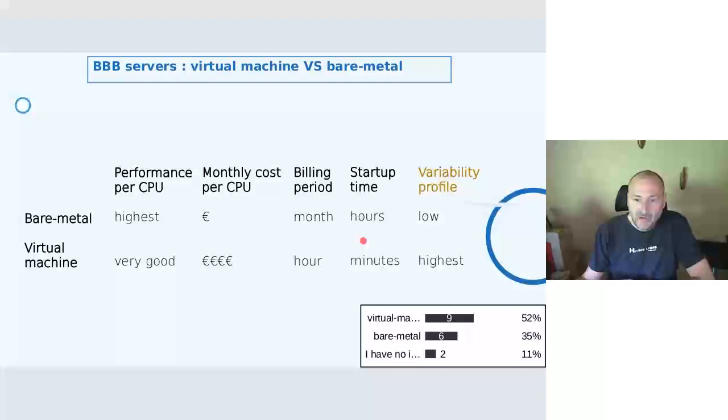So the variability profile of virtual machines is the highest, since you can start them in minutes, and you can stop them in minutes too. So this is why we chose virtual machines, although they're more expensive, but I'll show you why. You'll understand afterwards.